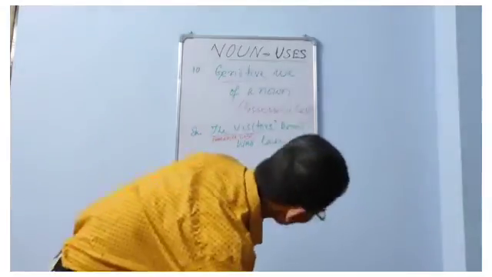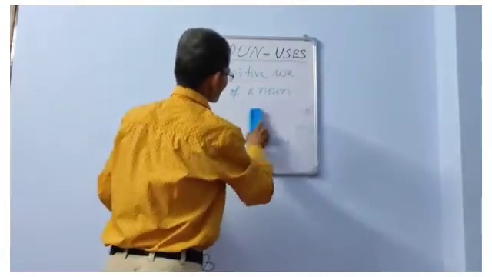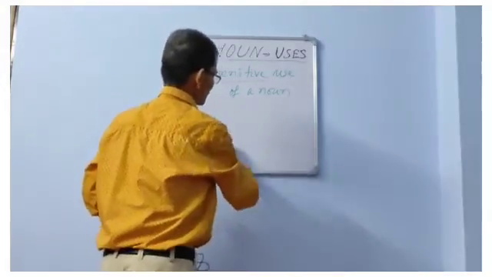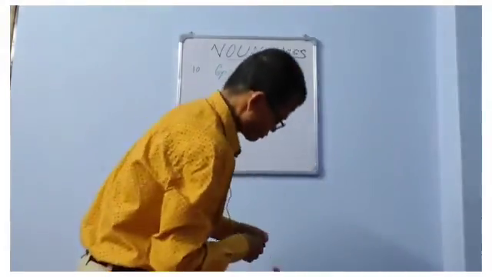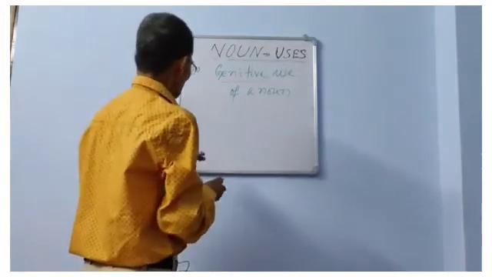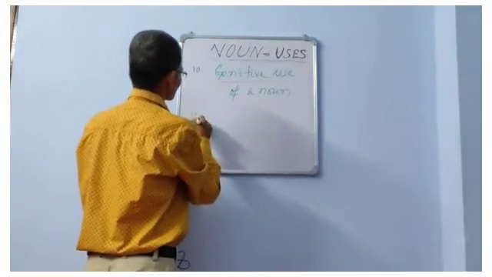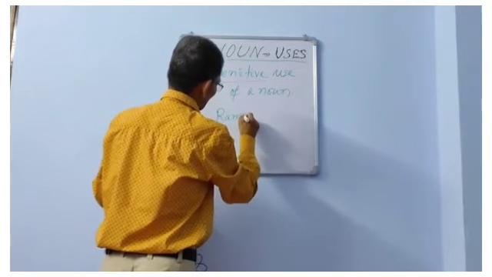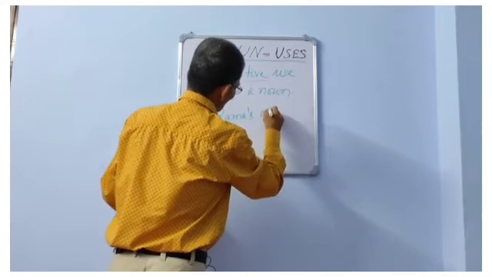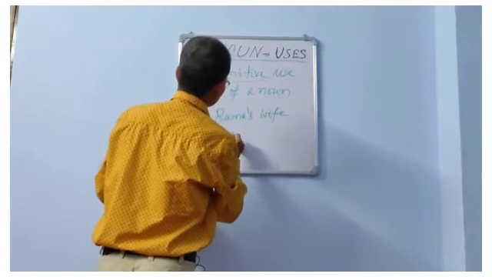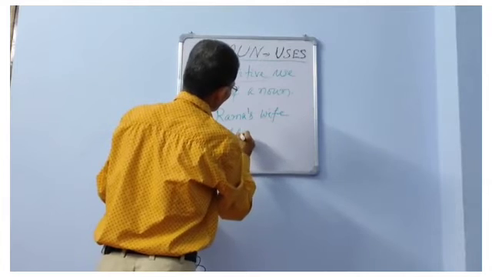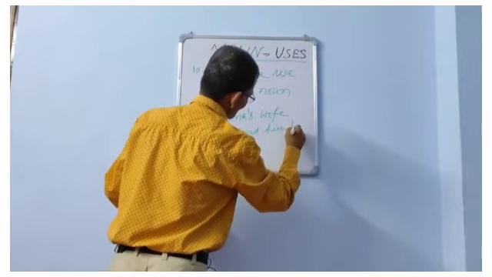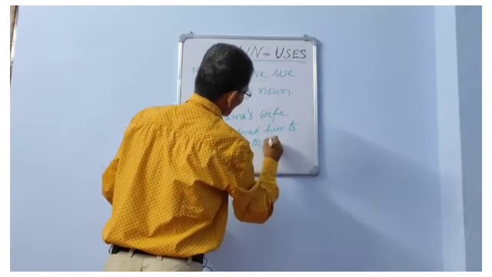Now similarly we can write another example to make it more clear. Suppose we say, Rama's wife followed him to the forest.